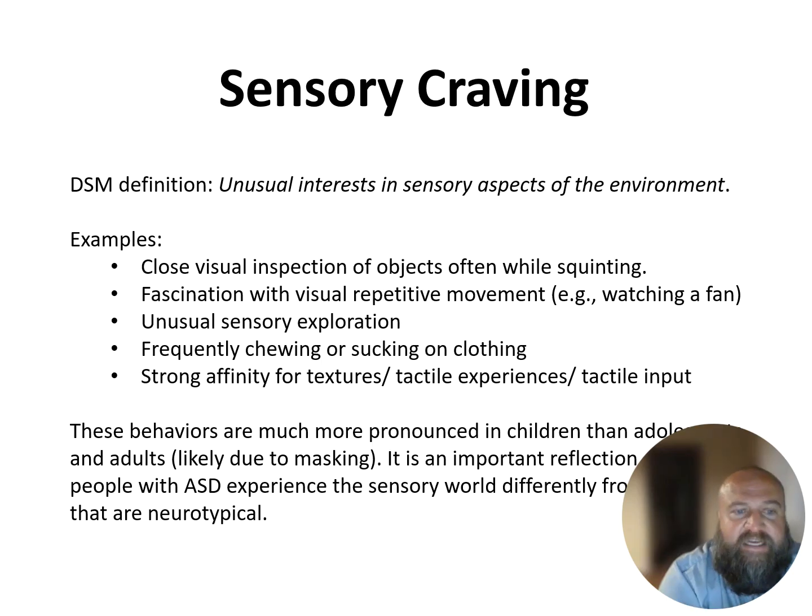So some examples I have listed here is close visual inspection of objects. And this could be where a kid would really examine stuff and they may even squint their eyes and make a big production out of visually examining food or material, even things like dirt and stuff like that.